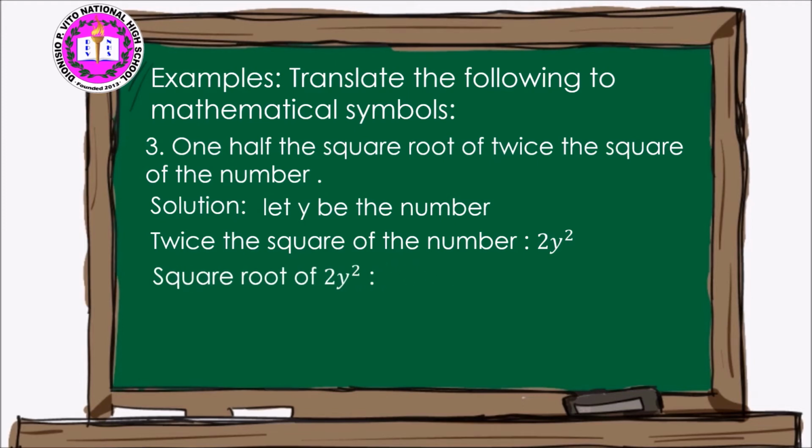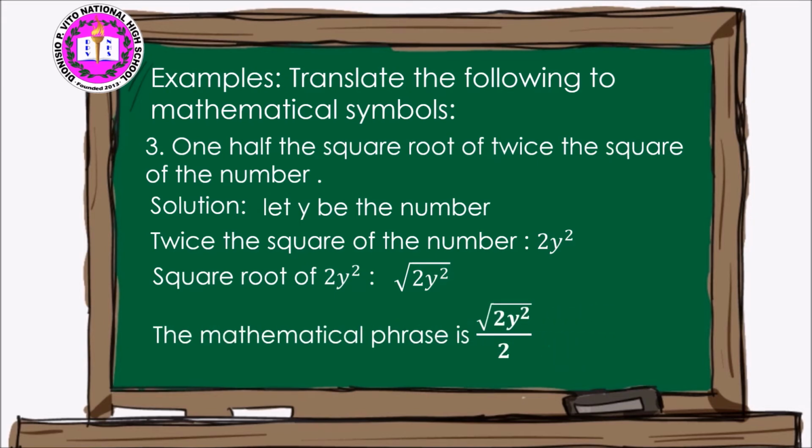Then square root of 2y squared. Therefore, the mathematical phrase is square root of 2y squared over 2, because it is half.